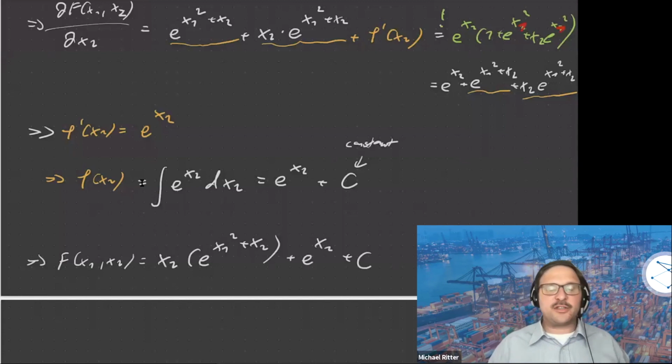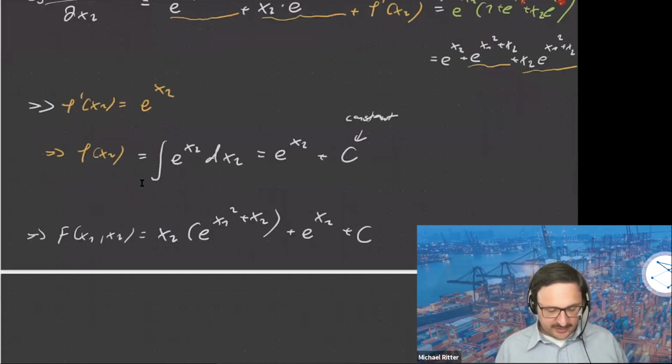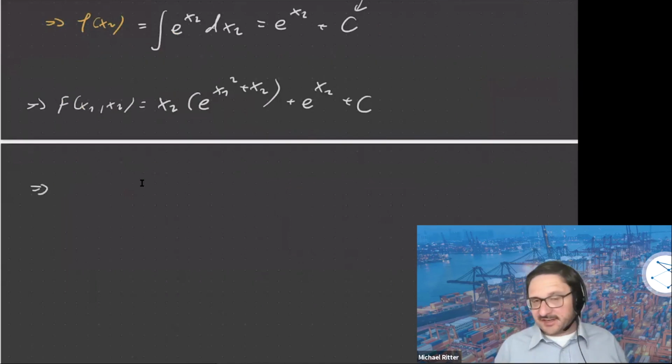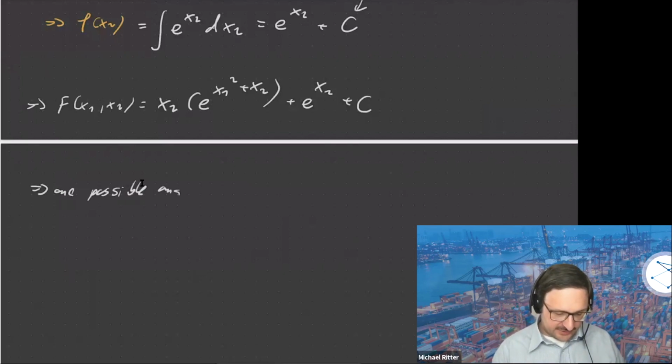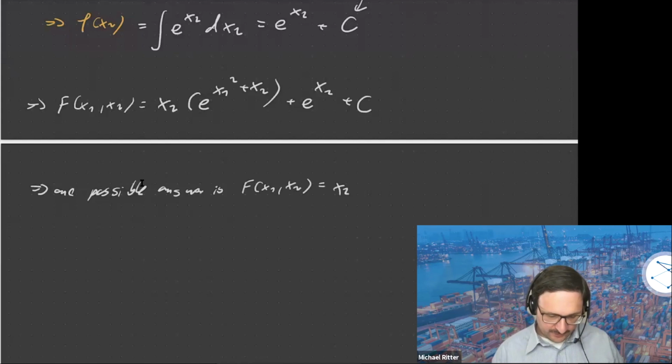So that's all possible potentials of our vector field f. And the problem only asks for one possible potential, so we can choose whatever c we want here. And that means, for example, setting c equals 0 yields one possible potential. All right, so one possible answer is f of x1, x2 is x2 e to the x1 squared plus x2 plus e to the x2.